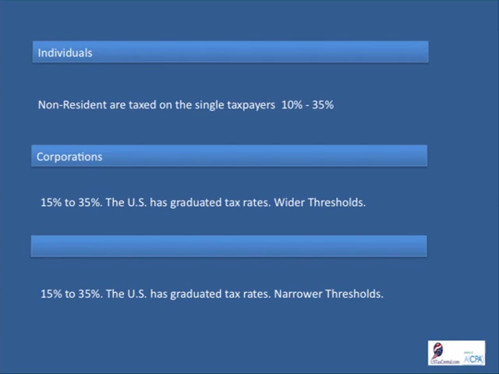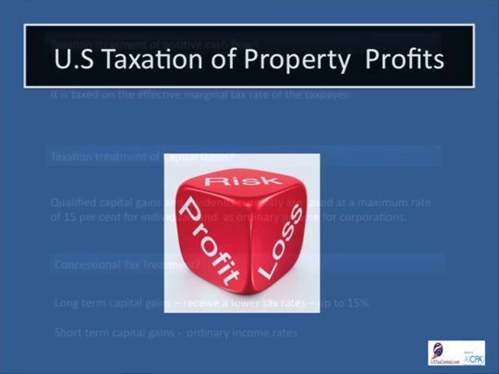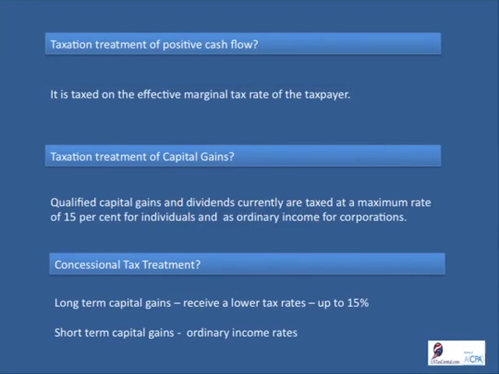Then the next slide just deals with the taxation of your profits. Let's say you dispose of your property, and how capital gains are taxed in the USA. With capital gains, as an individual, the maximum tax on capital gains is 15%, and for trust, the maximum is also 15%.